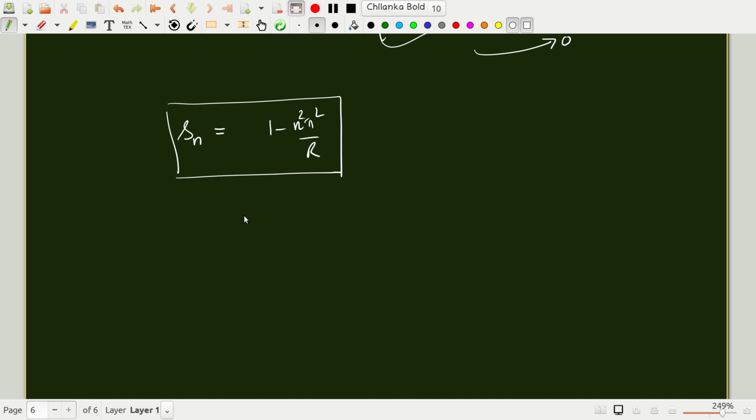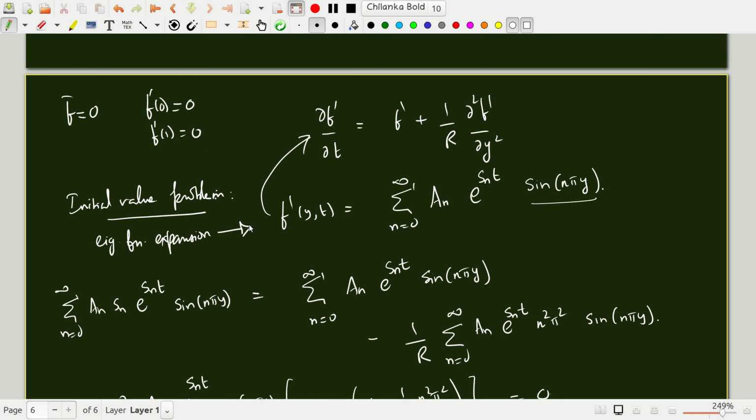But the only advantage of the initial value problem is that you can substitute this back in the expression for the original expansion.